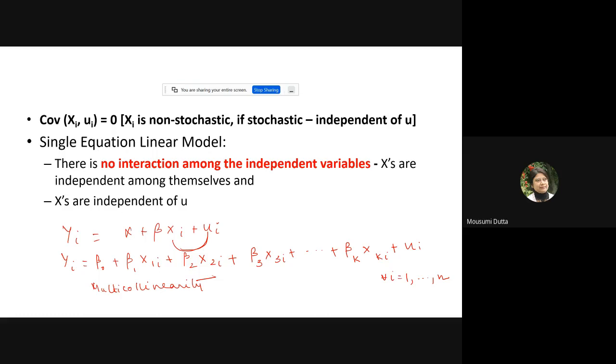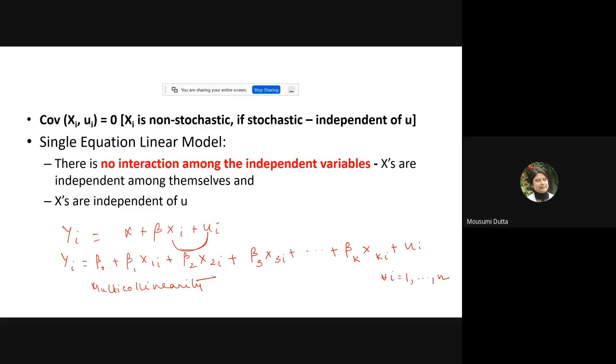So this multicollinearity issue is not our objective to address; I just mentioned it as one of the issues. The main assumption on which we should focus is that the covariance between the error and the explanatory variable should be equal to 0.